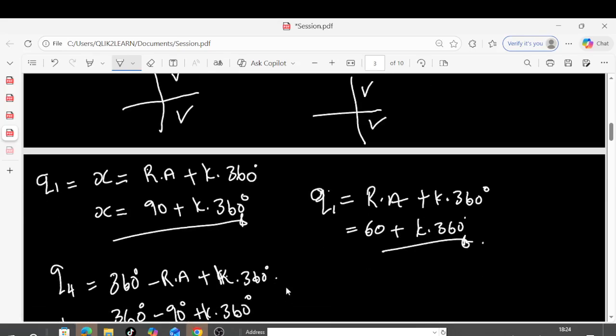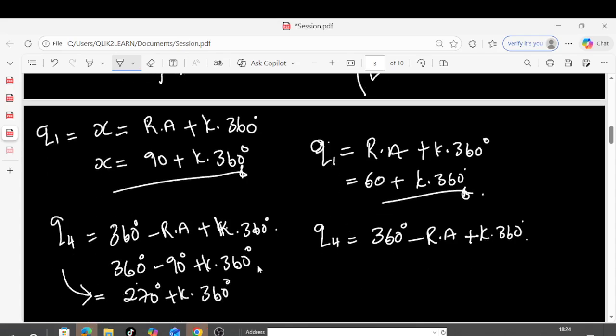Then, when I move to quadrant 4, what do we have in quadrant 4? So quadrant 4, we have the reference angle. Okay, quadrant 4 is 360 degrees. We minus our RA, we're going to add k times 360, and that's it. What is your reference angle equal to?